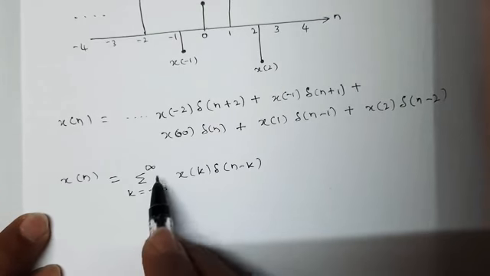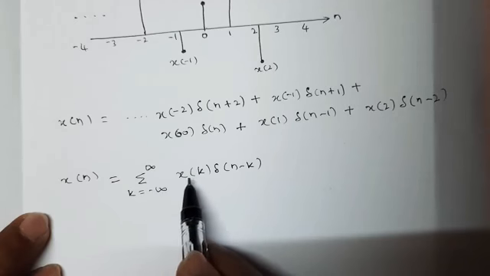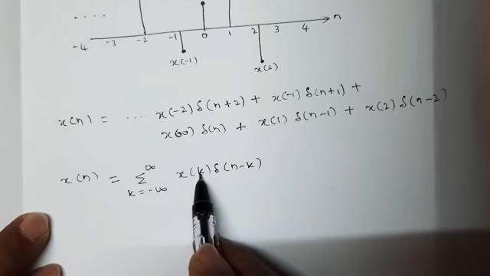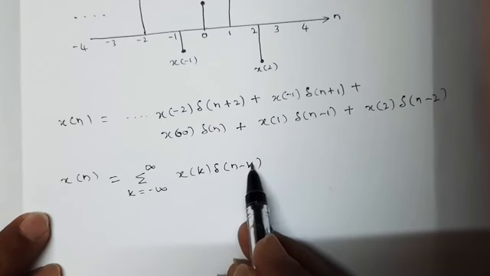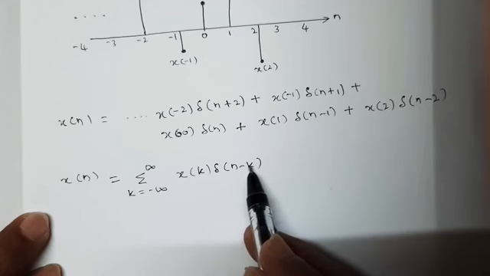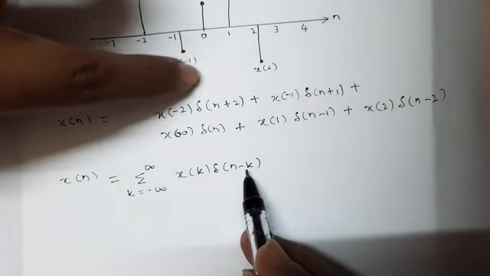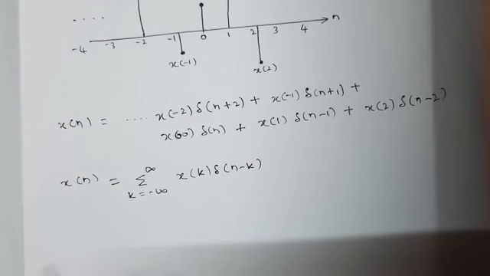When you substitute the values of this summation, like k equal to minus 2, it becomes x of minus 2 del of n minus k, where k value is minus 2. So n minus of minus 2, which is n plus 2, which gives x of minus 2 del of n plus 2. Similarly, all the other samples.